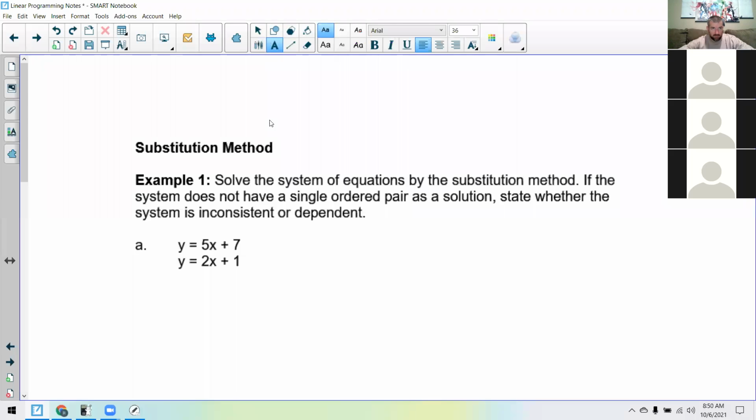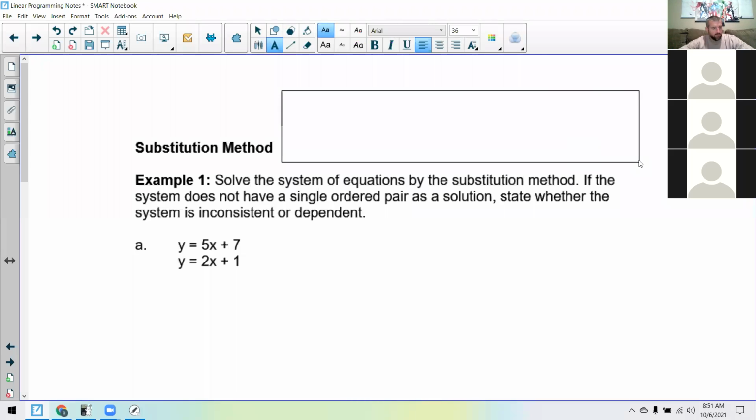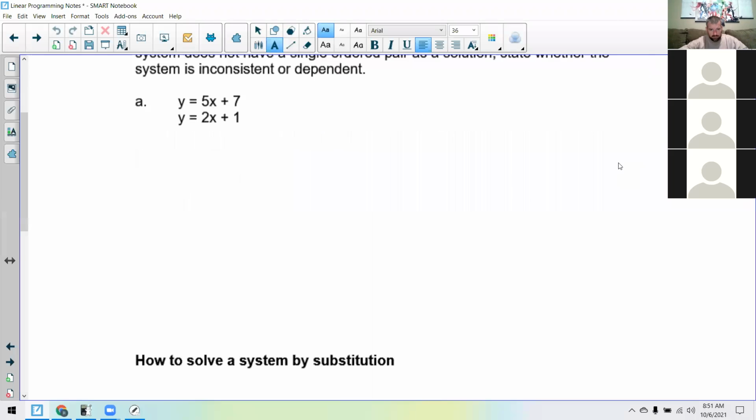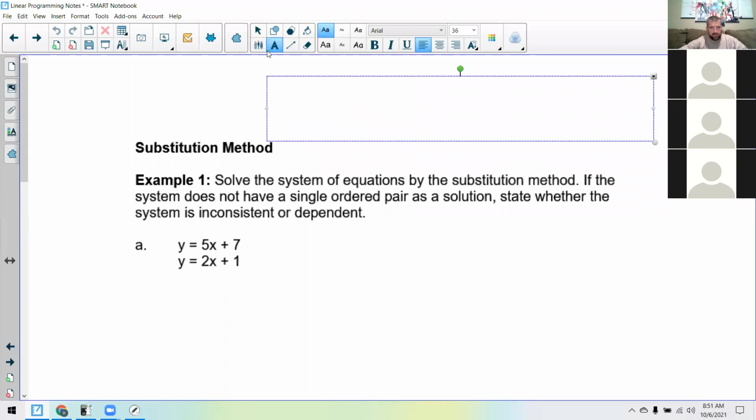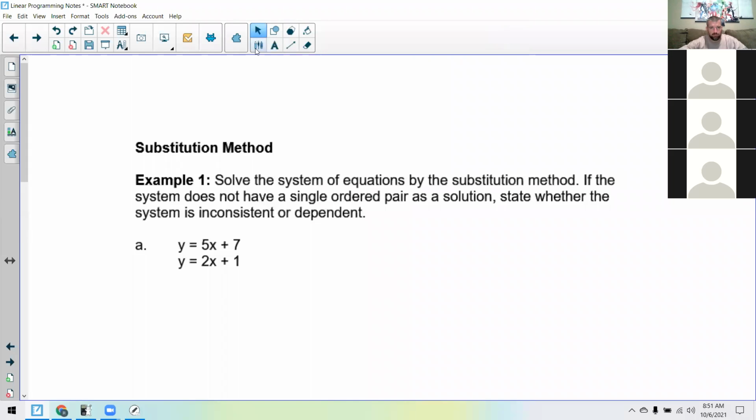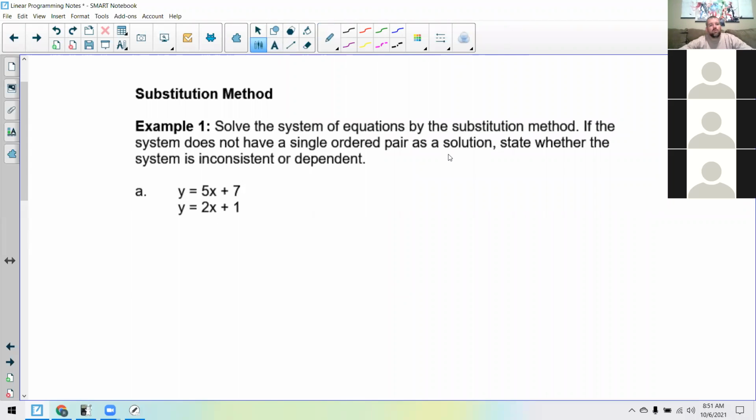So I'm going to add a little disclaimer here. Oh, no, I'll put it at the bottom because there's the steps at the bottom. Okay. So you're going to want to, when you look at the system, use the substitution method when at least one of the equations has one of the variables isolated, has one of the variables solved for.